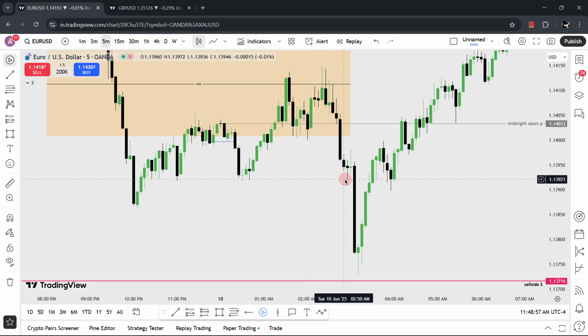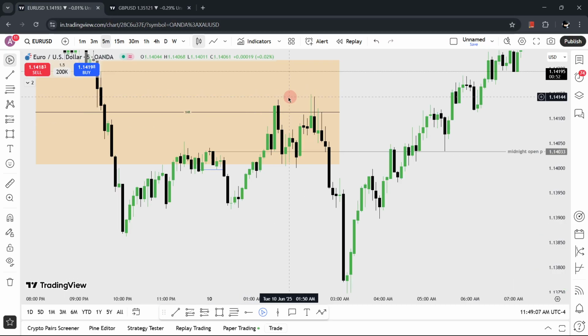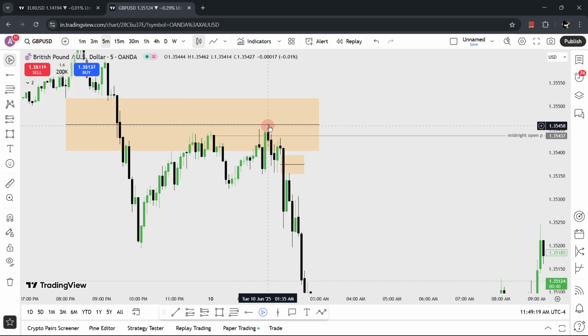So I just wanted to focus on this high, the 1:35 p.m. high and this 1:55 p.m. high, somewhere here. This 1:35 high was taken in EU, but GU was not able to take out that high, so it created an SMT somewhere over here.